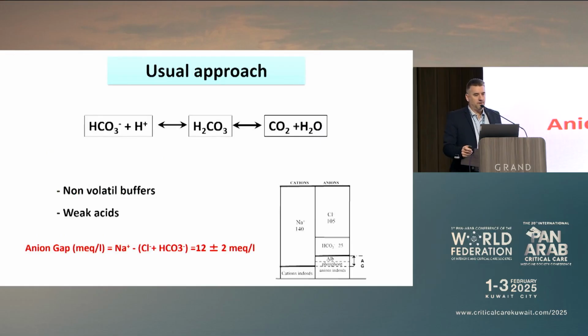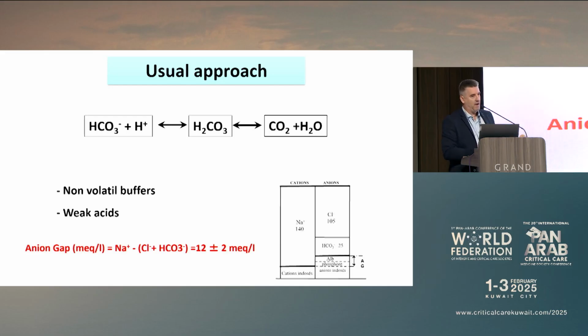Go back to the physiology. You can use this approach. It's very simple. You have HCO3 and the H plus, and at the end you have the CO2 and water. But you cannot understand exactly how it works.